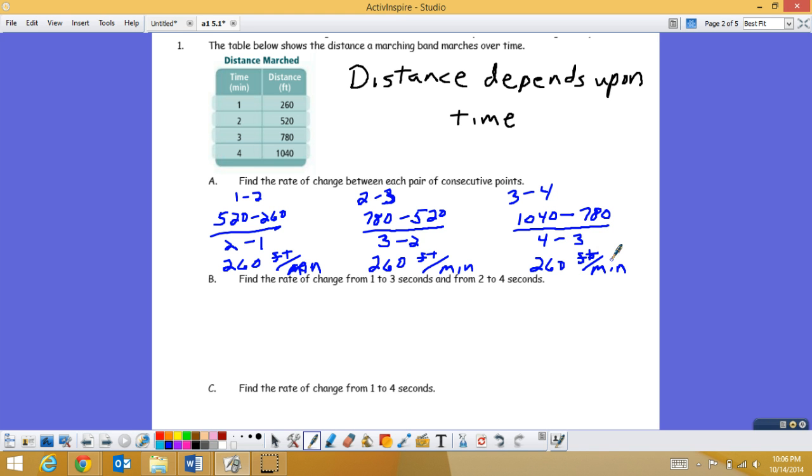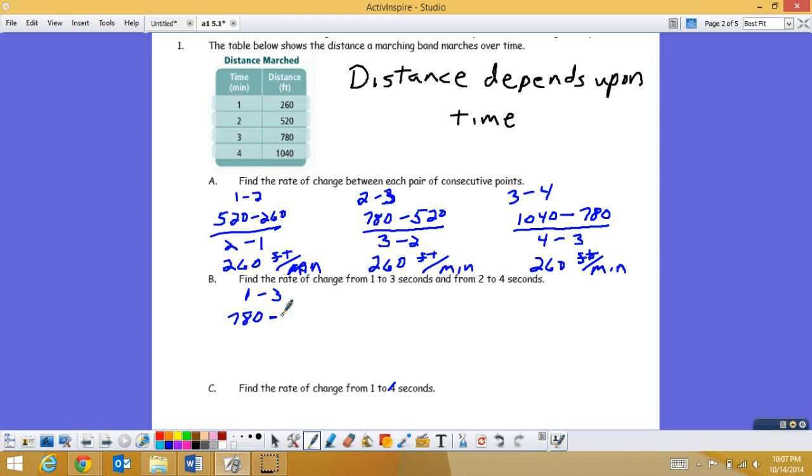So what this tells me is, well, the rate of change is constant no matter which pair of consecutive points you find or you use. Then the rate of change between 1 and 3 seconds. So we're going to go from 1 to 3. And from 1 to 3, we're going to take the distance at 3, which is 780.